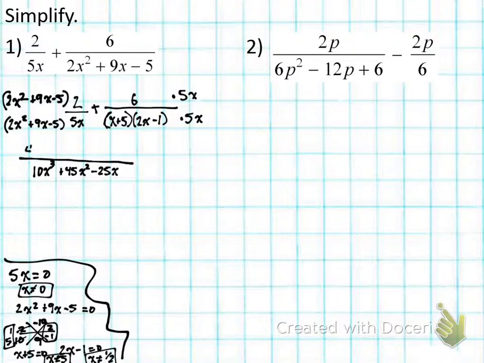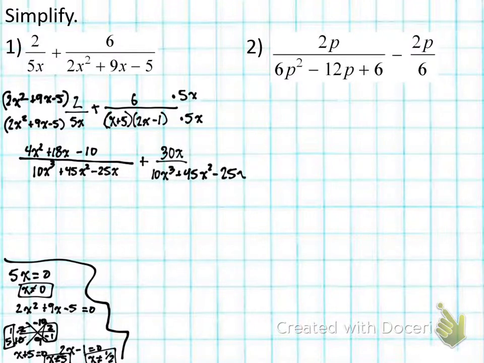My numerator now: 2x squared times 2 is positive 4x squared. 9x times 2 is positive 18x. And then negative 5 times 2 is negative 10. Bring the plus sign down. We got 6 times 5x is 30x, and I'm bringing down the same denominator from before.